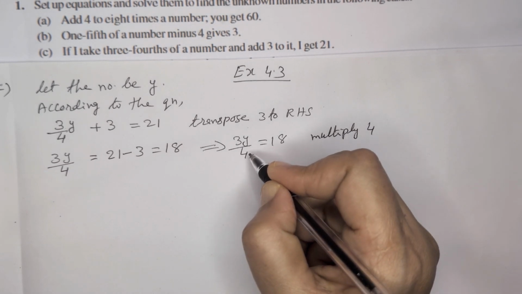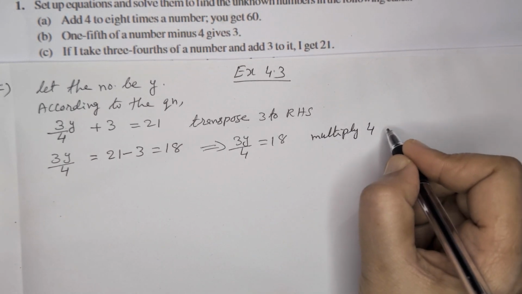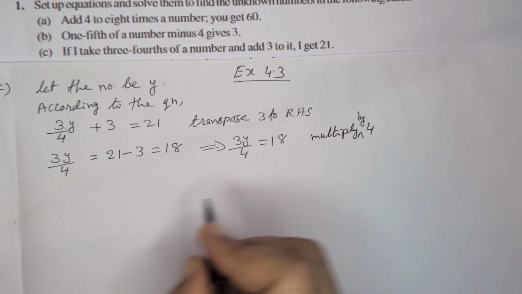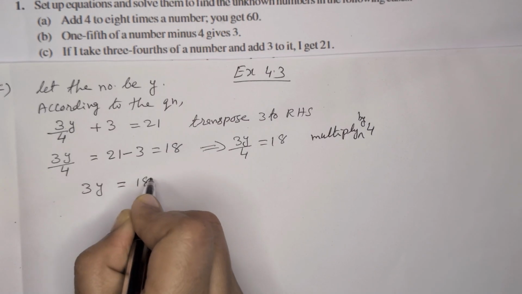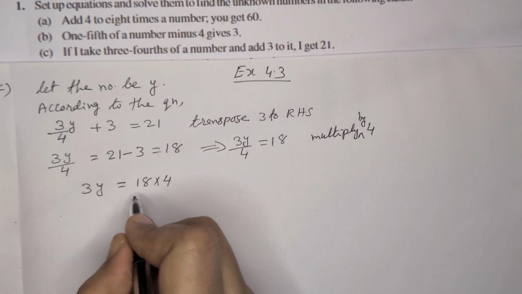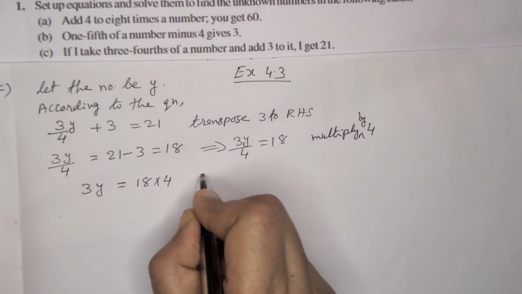Or if we are doing it one by one, first you have to multiply by 4 on both sides. So 3y is equal to 18 into 4. Then we have to divide by 3.